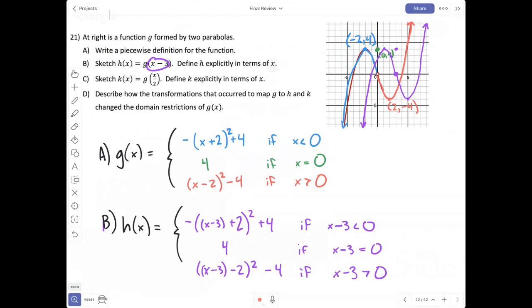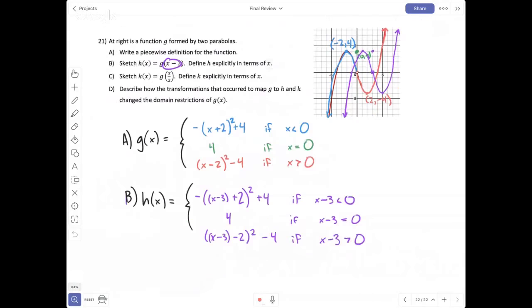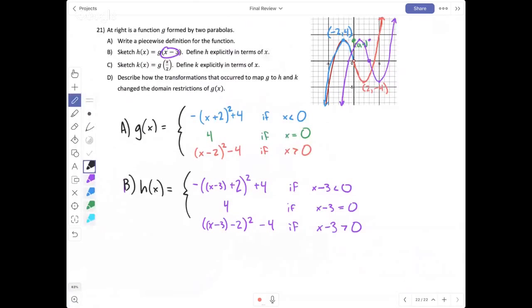Okay, now obviously this is a pretty ugly way to write it, but I really wanted to be explicit that all we did when we do g of x minus 3 is replace all of the x's with x minus 3's.